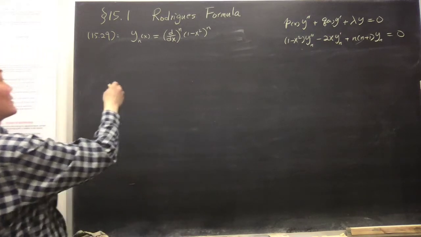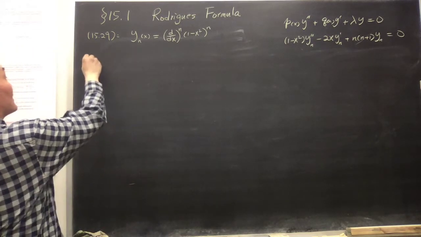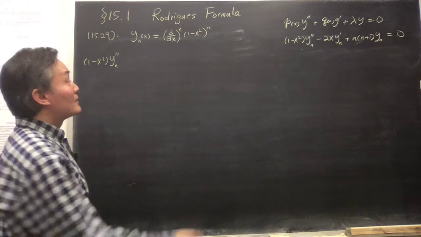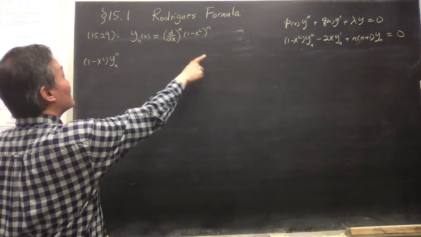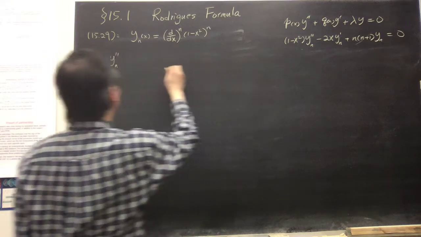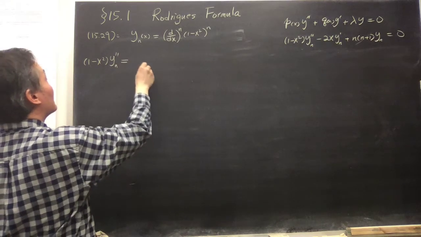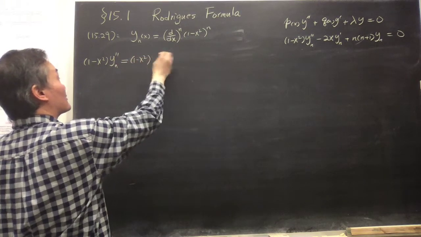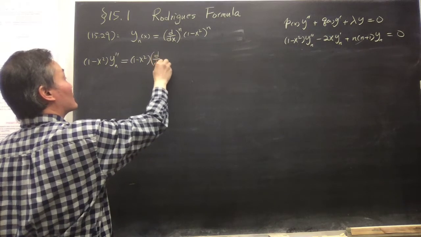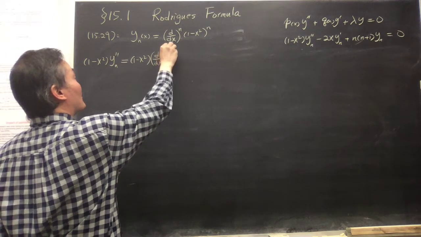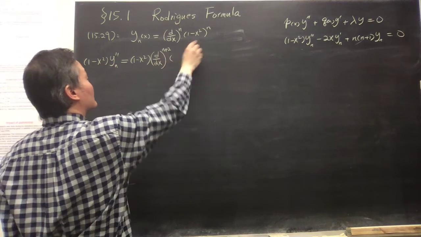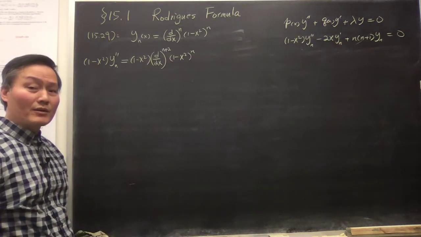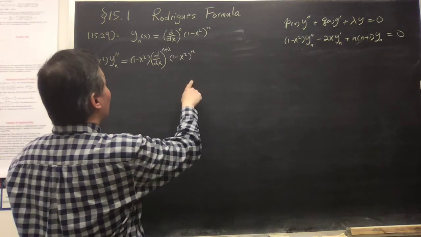Okay, so now we try to do (1 - x^2) y_n''. That's basically this term. We can write it explicitly: y_n'' is just the second derivative, so it becomes d/dx to the power n+2 operating on this factor (1 - x^2)^n.